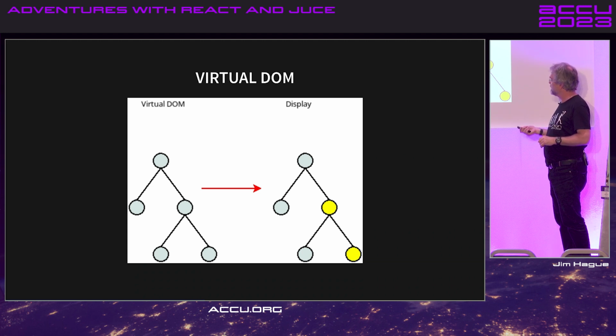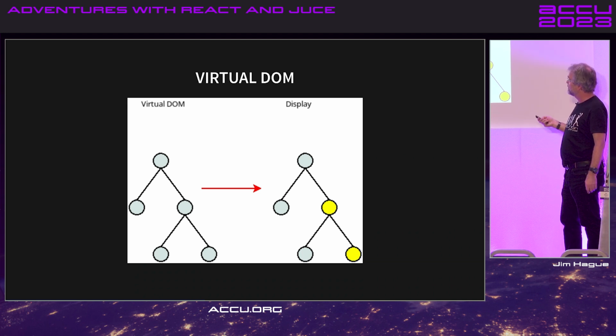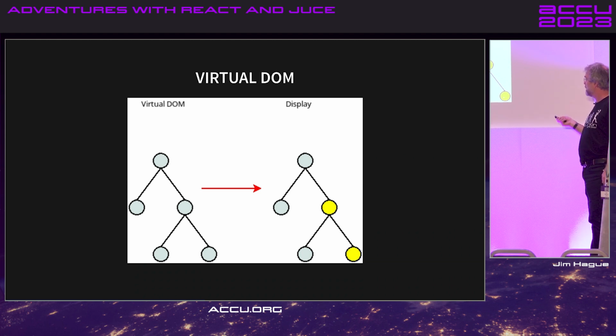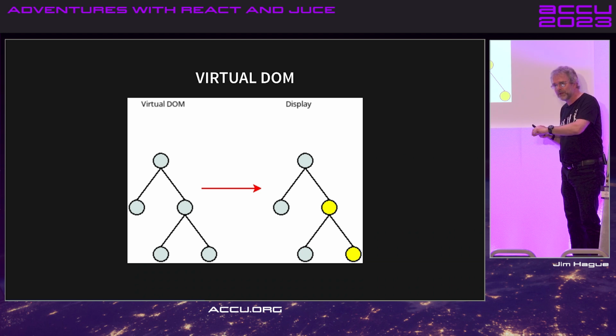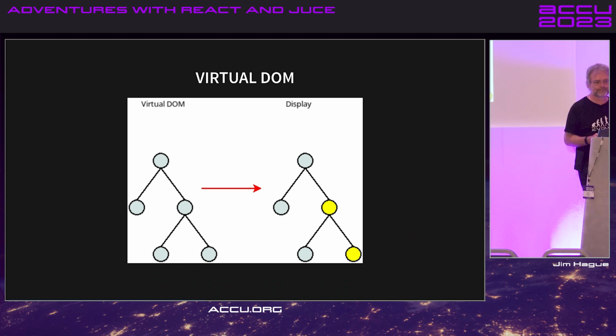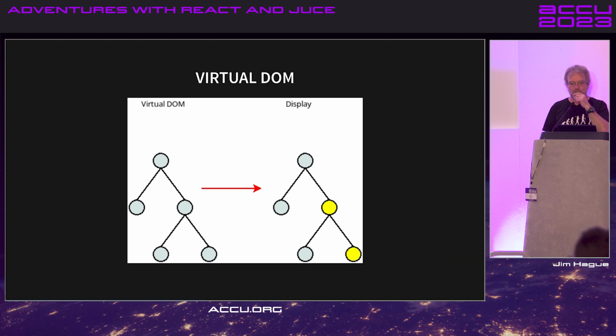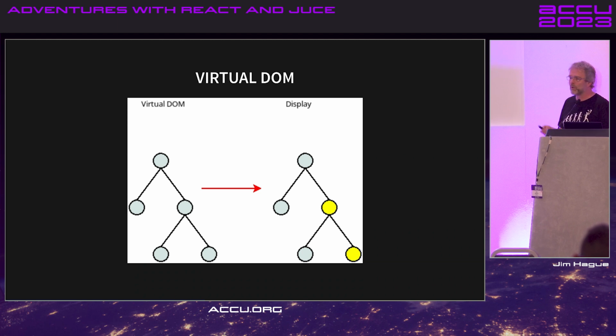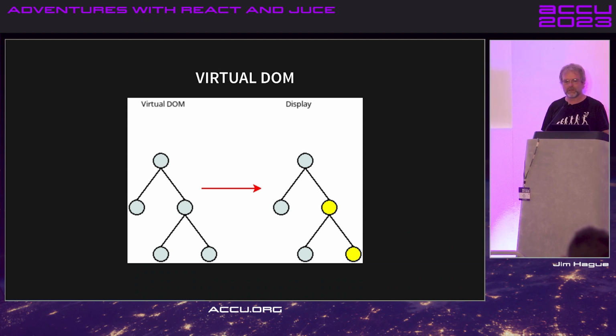So typically, what happens is you're regenerating the whole virtual DOM, and then probably what's happening is you're updating a couple of properties on a couple of components within the DOM. You're not doing a whole redraw of everything. Now, I'm going to talk a bit more about the reconciler later, so we'll be coming back to this.